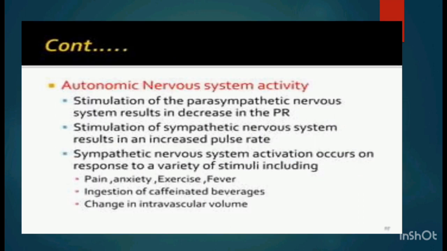Autonomic nervous system activity: stimulation of the parasympathetic nervous system results in a decrease in pulse rate, and stimulation of the sympathetic nervous system results in an increase in pulse rate. Sympathetic nervous system activation occurs in response to a variety of stimuli, including pain, anxiety, exercise and fever, ingestion of caffeinated beverages, and change in intravascular volume.